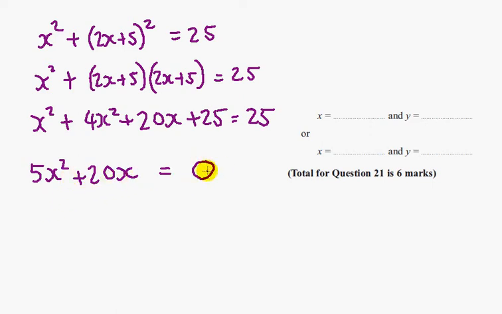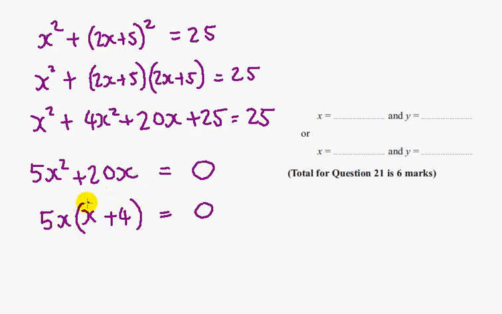Now, if we factorise that, that's going to give us 5x in bracket x plus 4 is equal to 0. Now, if it's equal to 0, then if this part here is 0, then the whole thing will be equal to 0.